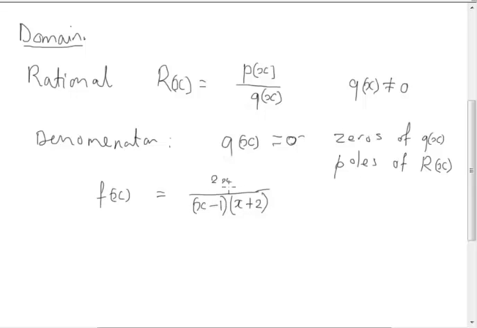Now, if I'm going to look at the domain of this type of function, since it's a rational function, remember I've got to watch out for things like 0 over 0, or a number over 0, because those are undefined entities, isn't it? So the only thing I can do is to take (x minus 1)(x plus 2) and equate it to 0.